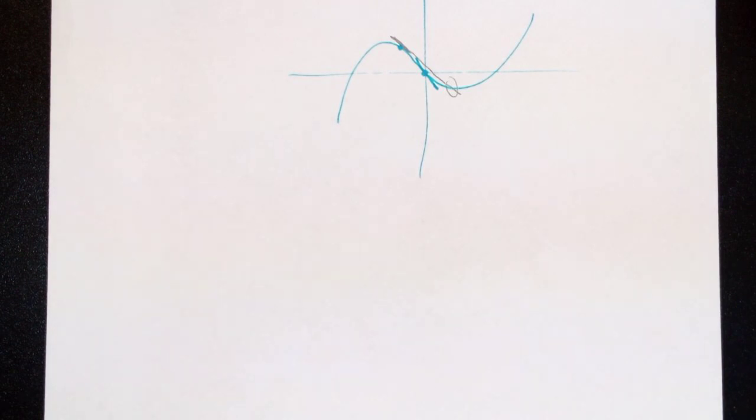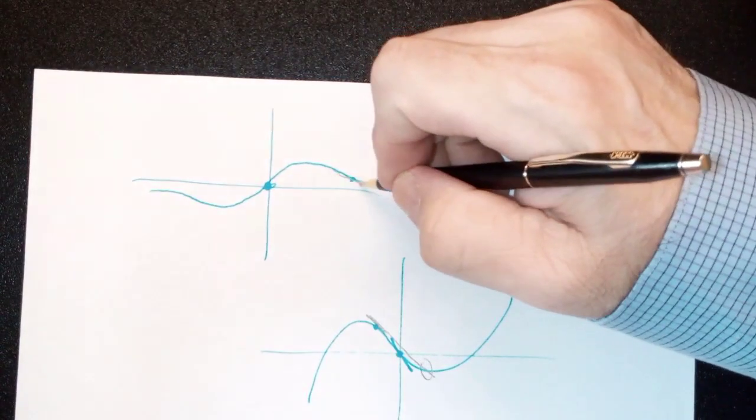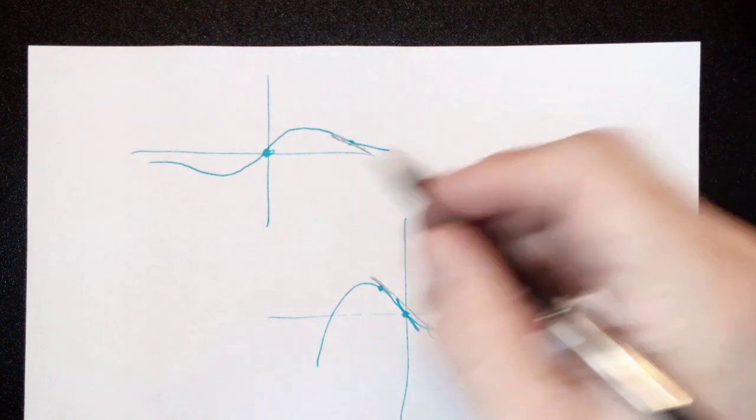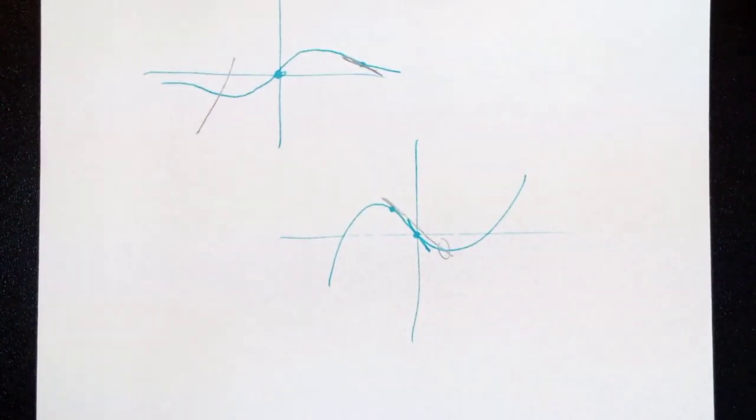You can check to see if your tangent line equation's correct. So I got some weird numbers from you. My best bet is to graph it and compare the curve and the tangent line and to see if I'm really seeing something that kind of goes in the right direction. Because if I see something that goes like this, I know I've done something wrong. A tangent line should be going roughly the same direction as my curve from left to right.